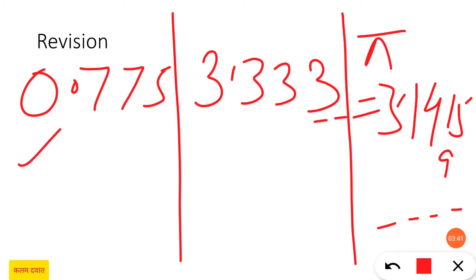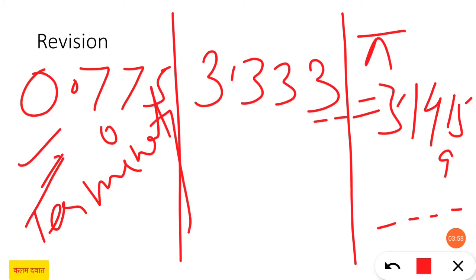In the first case, the decimal expansion terminates after 3 places. The expansion ends, and this decimal expansion is called terminating.